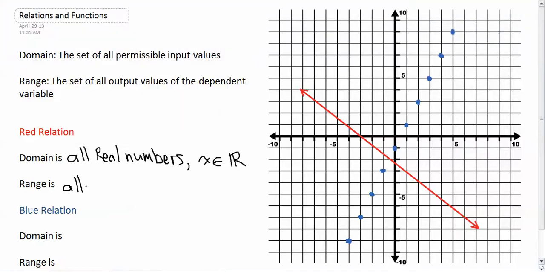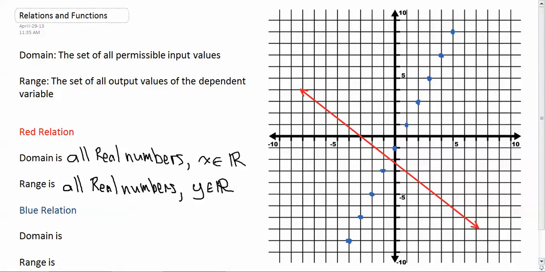So we can have all real numbers. And because this vertical axis refers to our y variable, we can say that y is in R. Okay, sorry, my R didn't look so good there, but you get the gist.